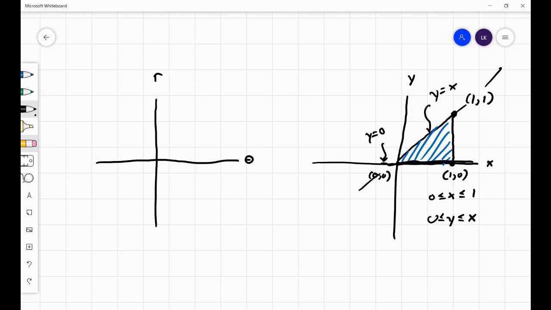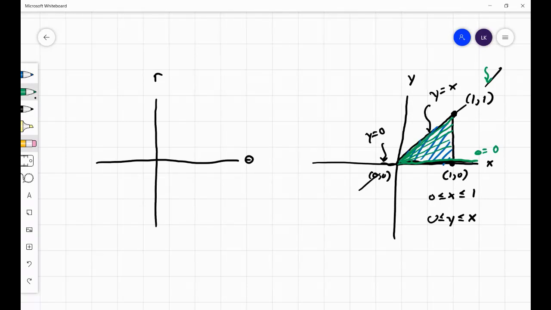So can we describe this region in the corresponding theta r plane? Theta is easier to do here, because if you're on the x-axis, what is theta? 0. But as theta increases, you eventually approach this diagonal line where theta equals pi over 4.